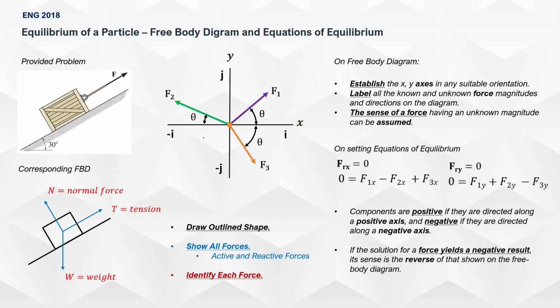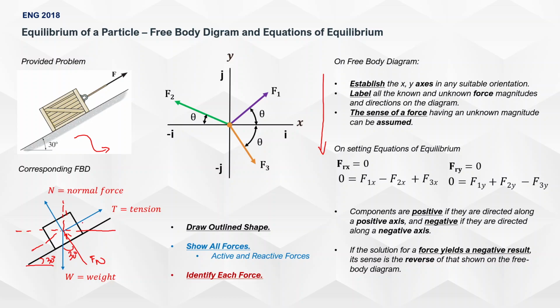Now let's try this one. If we're going to follow the rules here, we already have the labels. Usually I project the normal force just here, so that I know where it is. So this one is 30 degrees, and this is my XY plane.